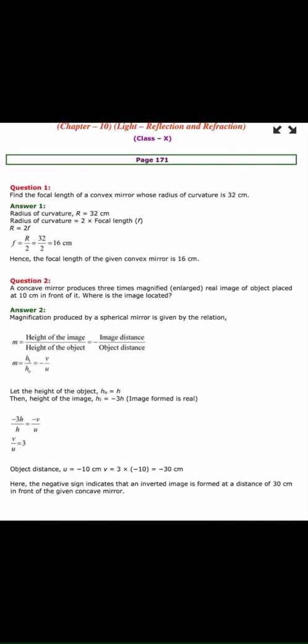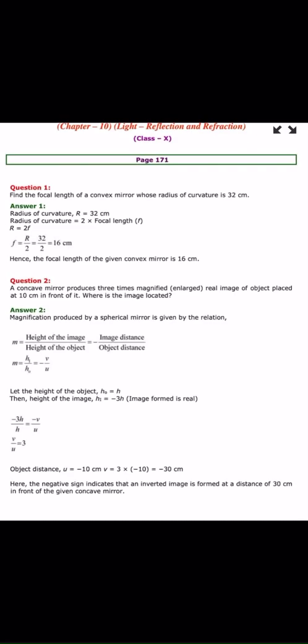Now you know that in case of a mirror, m is equal to minus v upon u, which is equal to h dash upon h, that is height of image upon height of object. So it is a formula. Now we know that the image is real and inverted, so the value of m will be negative, and it is 3 times enlarged, so m is equal to minus 3.